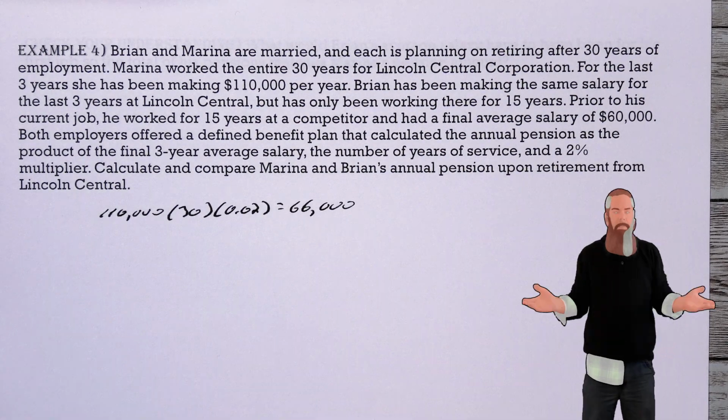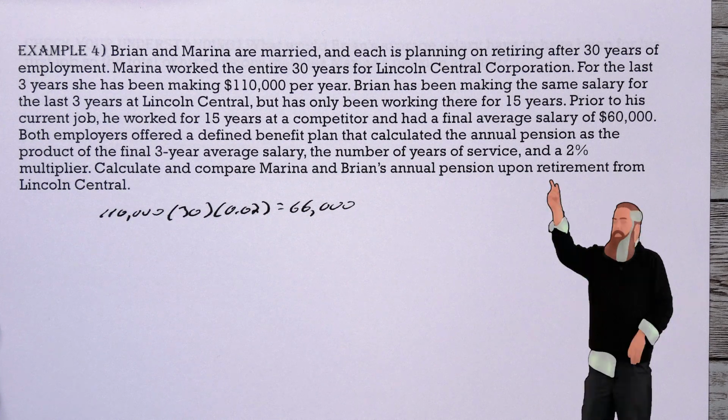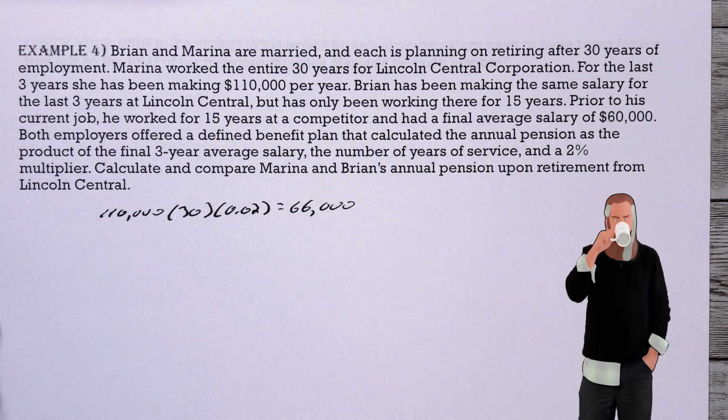Marina will receive an annual pension of $66,000, although Brian worked for a total of 30 years. He received 2 pensions, one for his first 15 years of service and one for his last 15 years of service. His annual pension benefit is the sum of these 2 pensions.